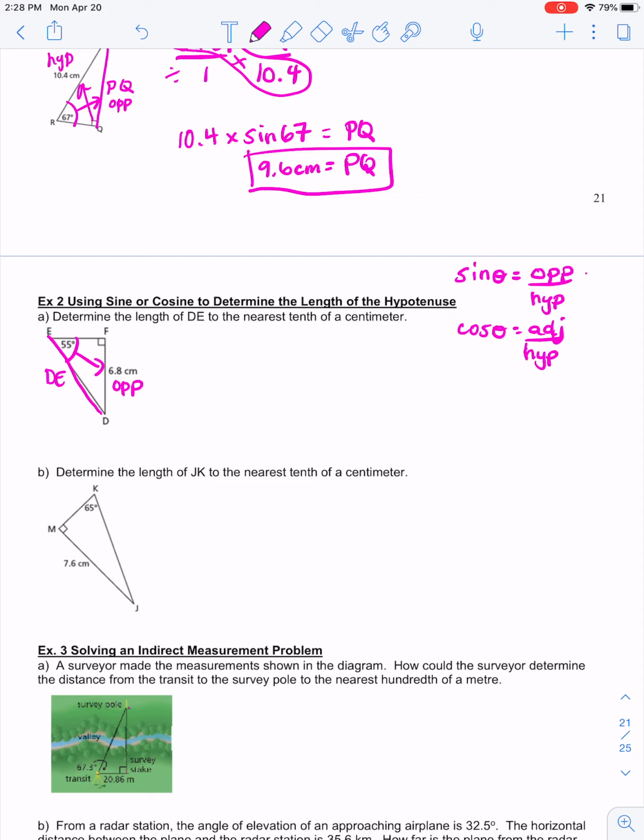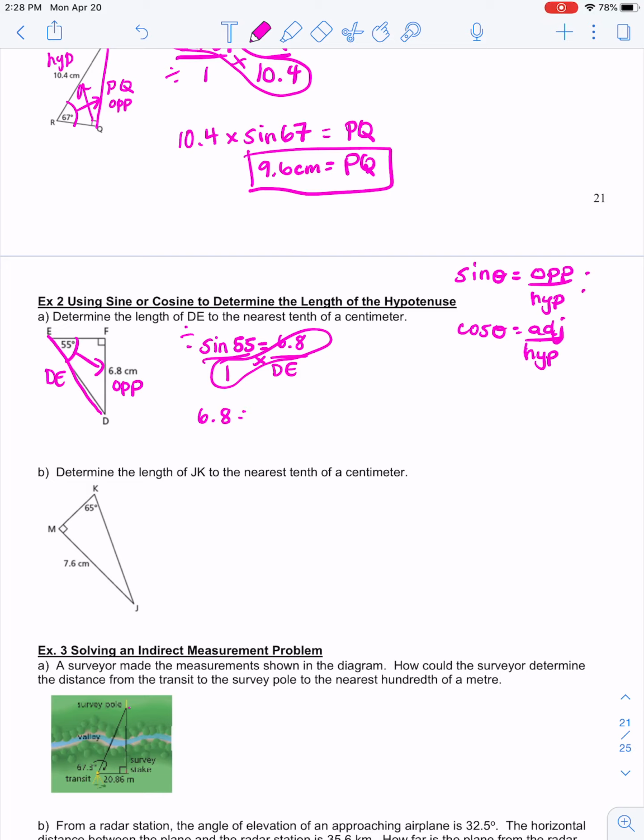So opposite and hypotenuse is sine. I do sine of my angle 55 is equal to my opposite side 6.8, divided by my hypotenuse, which is DE. Put it over 1, and now I cross multiply and divide by what's left over. So again, I'm doing a ratio equal to a ratio. It's just going to look a little bit different in my calculator.